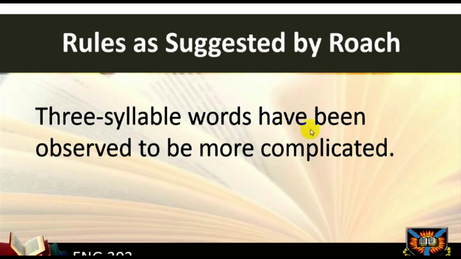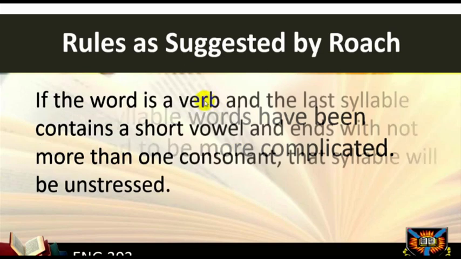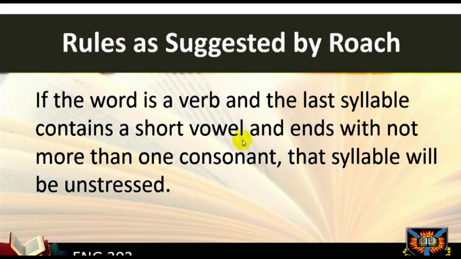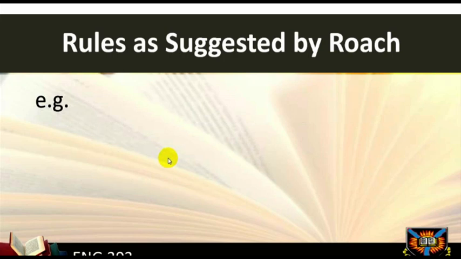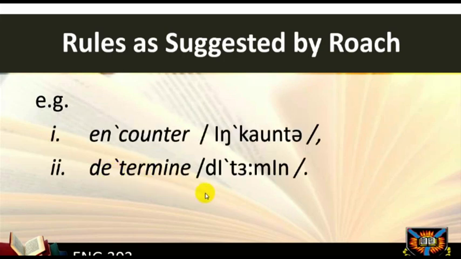Three-syllable words have been observed to be more complicated. If the word is a verb and the last syllable contains a short vowel and ends with not more than one consonant, that syllable will be unstressed. The stress will be assigned to the penultimate syllable, i.e., the preceding syllable, e.g., encounter, determine.